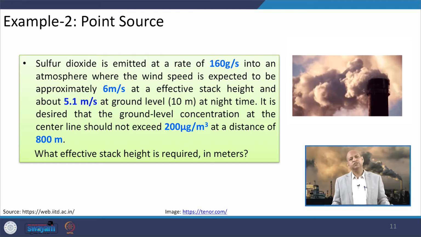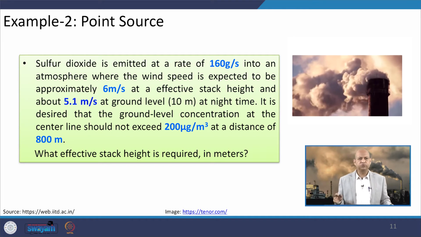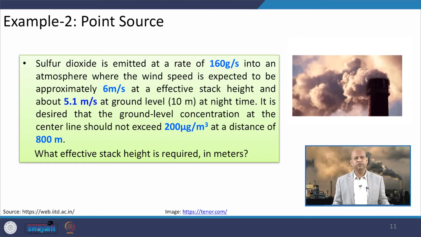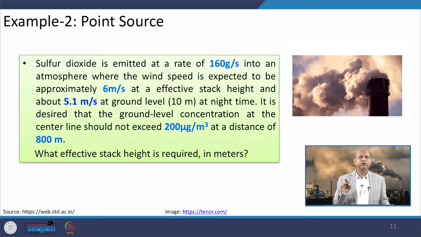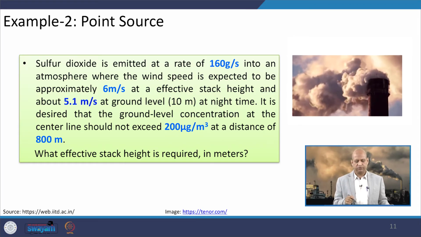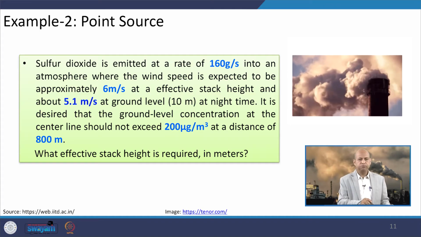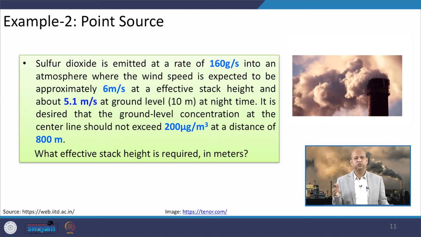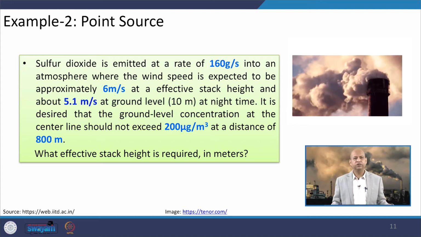Okay, now we take a second example of again a point source, in which a little bit different calculation is to be done. Here sulfur dioxide is emitted at a rate of 160 gram per second, the same as in the earlier exercise, from the stack, and the wind speed is approximately 6 meter per second at the effective stack height, same value. A new value is given: 5.1 meter per second wind speed at the ground level, that is around 10 meter above the ground, in the night time.